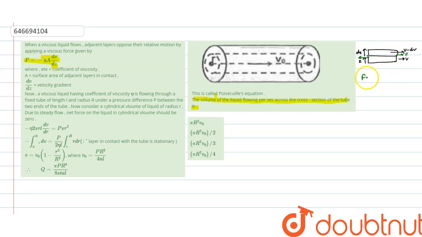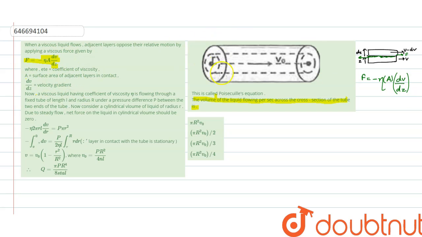That frictional force is actually equal to minus of eta viscosity multiplied by area over which the friction force is applied and multiplied by velocity gradient dv over dz.